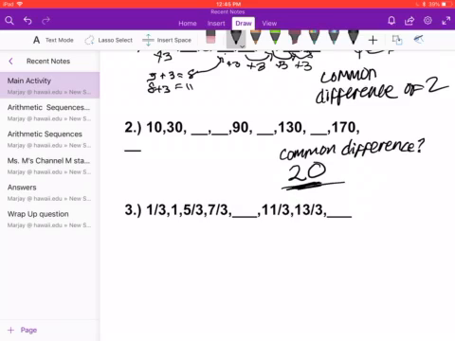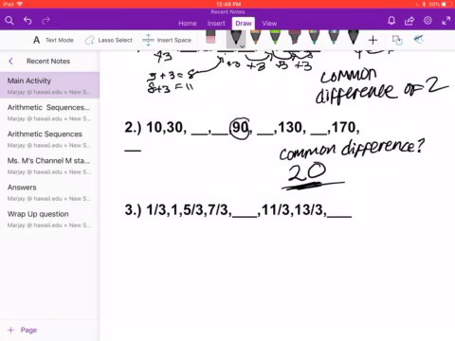I would like you guys to use the idea that what if we want to get the previous term from the next given number?